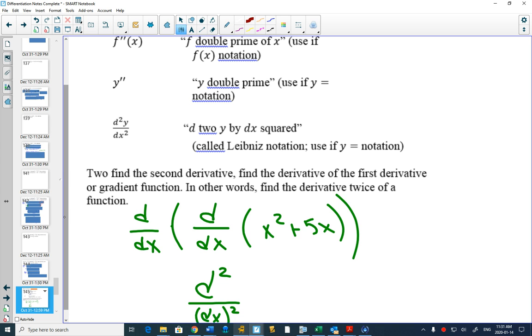And this is your function y. So the notation kind of makes sense. Okay, a little bit lazy that they didn't put brackets around the bottom, but that's technically what they mean. Dx squared, the whole thing is squared. And the reason the squared is after the d, because you're doing the derivative twice of the function y. So that's possibly why the notation is the way that it is.